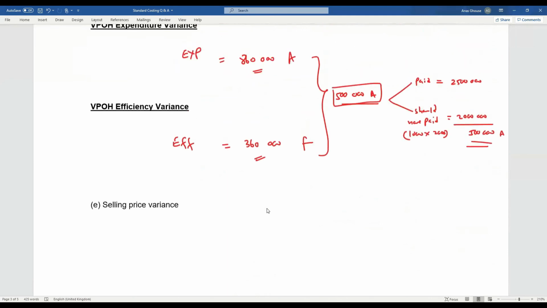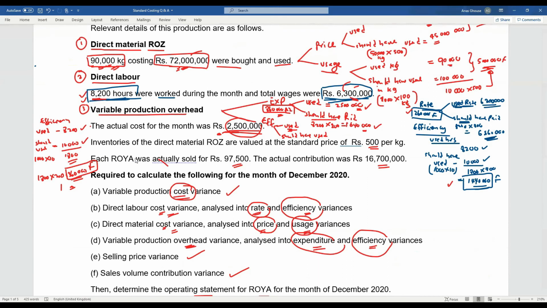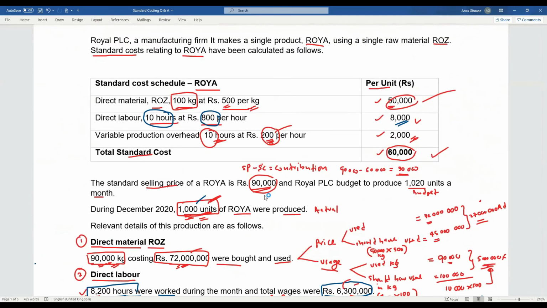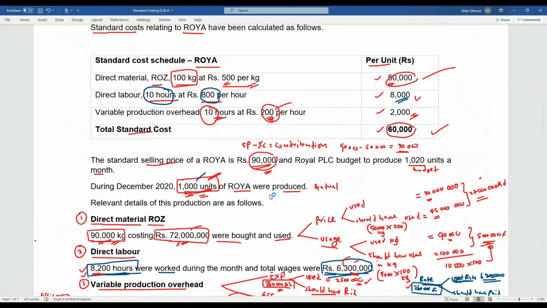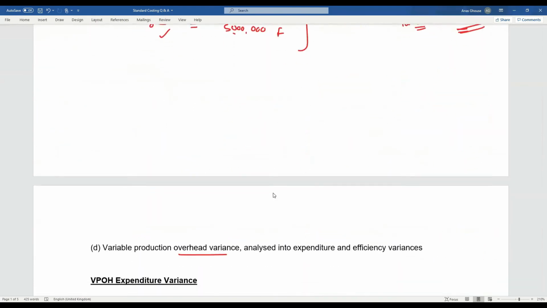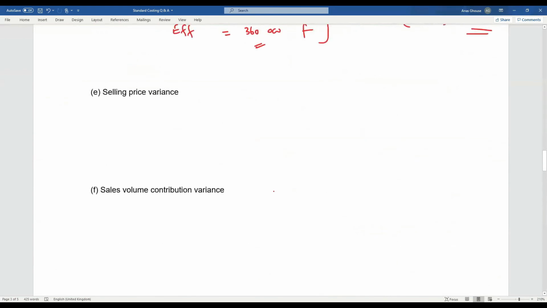As you can see, the actual selling price was 97,500, whereas our planned selling price was 90,000. So therefore, the difference is 7,500.